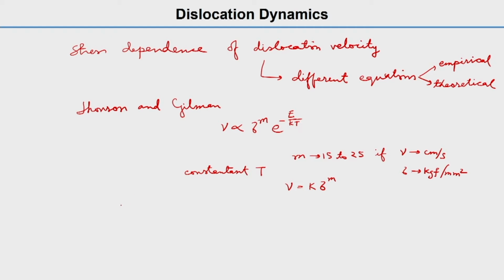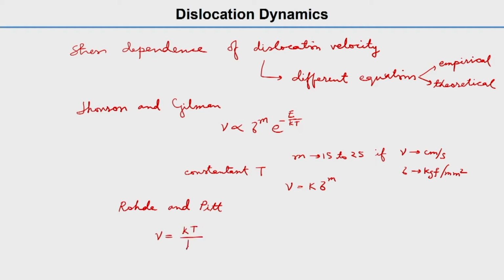So similarly we will write another relation. There are several relations that can be found for the dependence of dislocation velocity on stress. So for example, the Rod and Pitt relation is a little longer and a little complex looking.